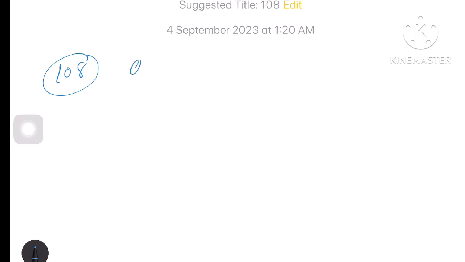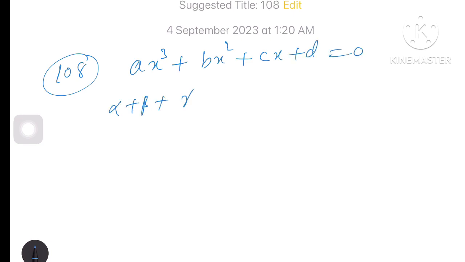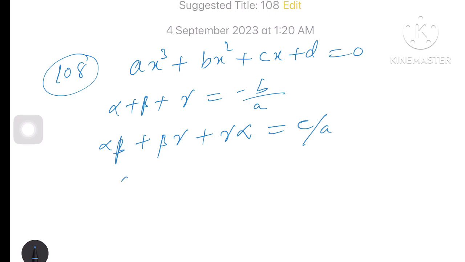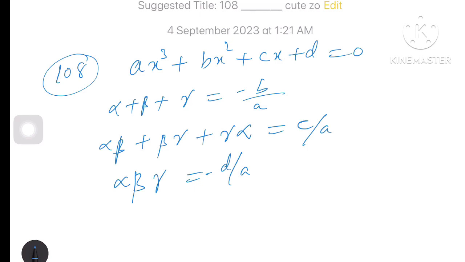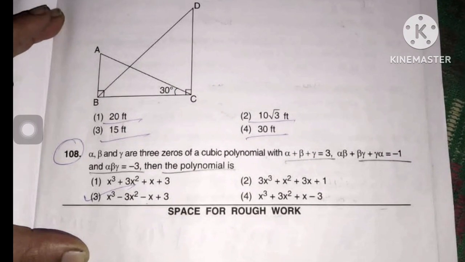The general form of a cubic polynomial is ax cubed plus bx square plus cx plus d is equal to 0. Alpha plus beta plus gamma is equal to minus b by a. Alpha beta plus beta gamma plus gamma alpha is equal to c by a, and alpha beta gamma is equal to minus d by a.